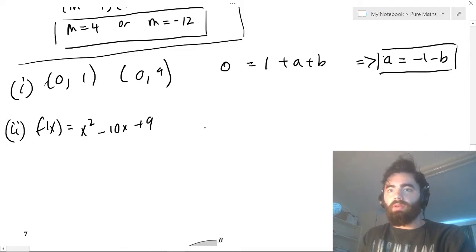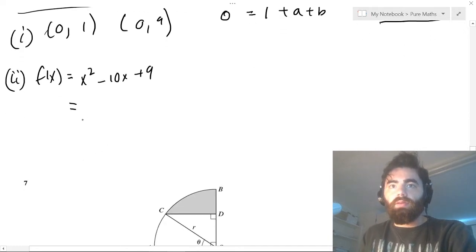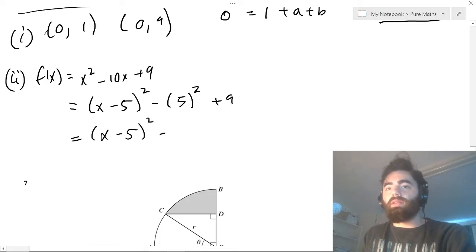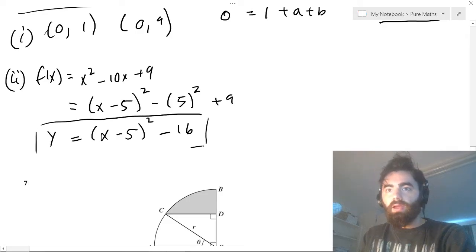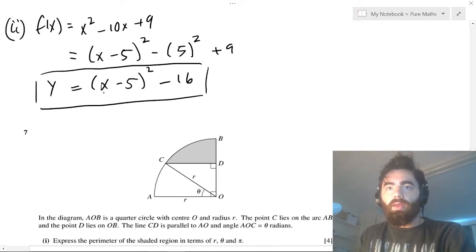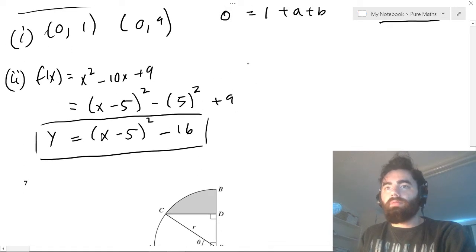And we can just complete the square here, and we can say that this is equivalent to x minus 5 squared minus 5 squared plus 9, which equals x minus 5 squared minus 25 plus 9, which is minus 16. So we have this, and the vertex point occurs when x equals 5. So when x equals 5, y equals minus 16.